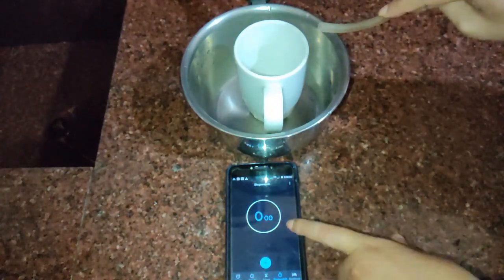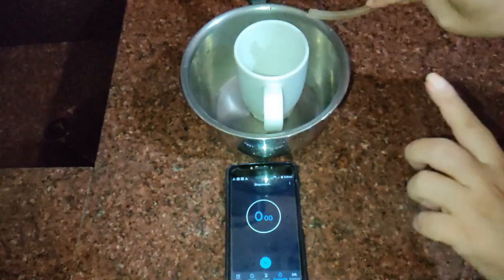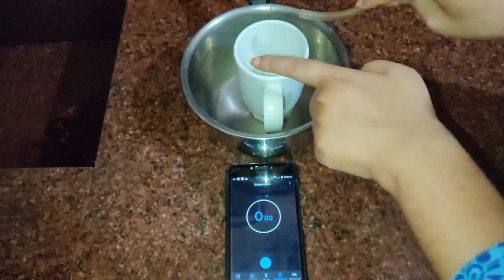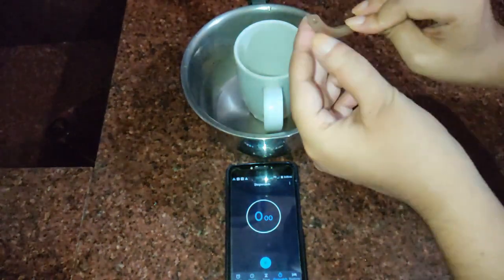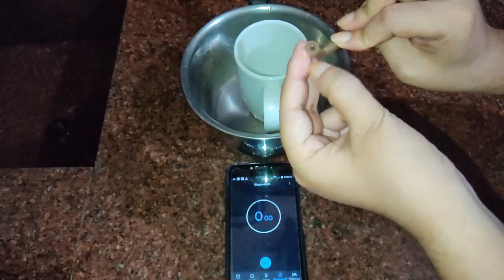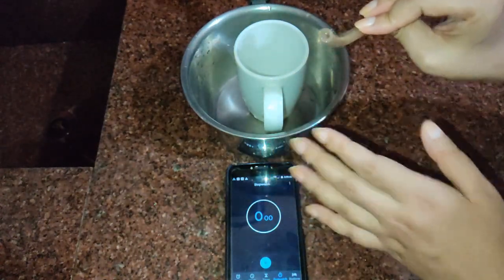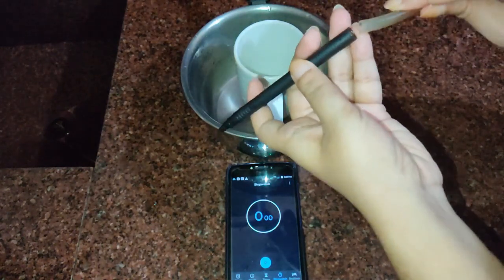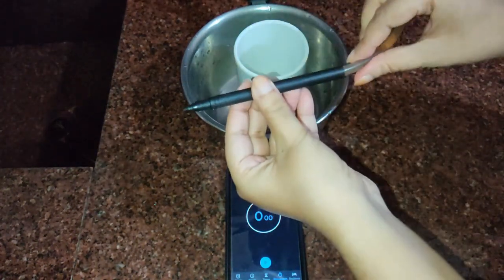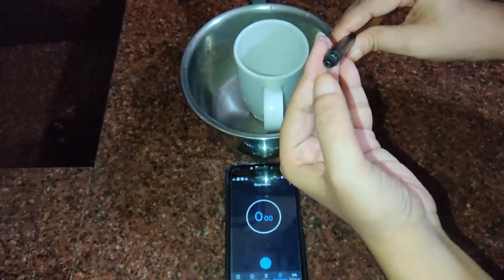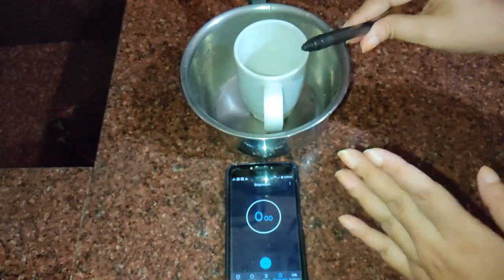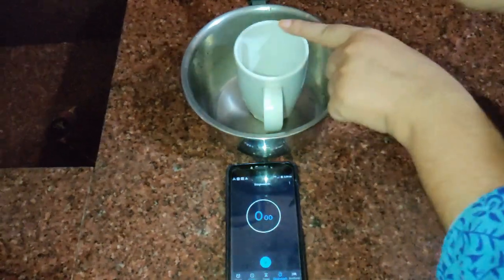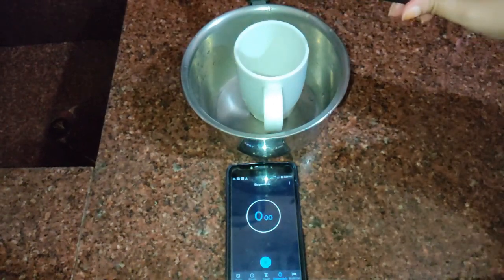I will show you the time at which the cup is going to be entirely full, that means the water level will be up to the brim of the cup. What is the time taken using the normal pipe that I have? After that I will attach this pin and make it further narrower, and I will show you that it takes almost the same time to fill the same volume. Let's check it.